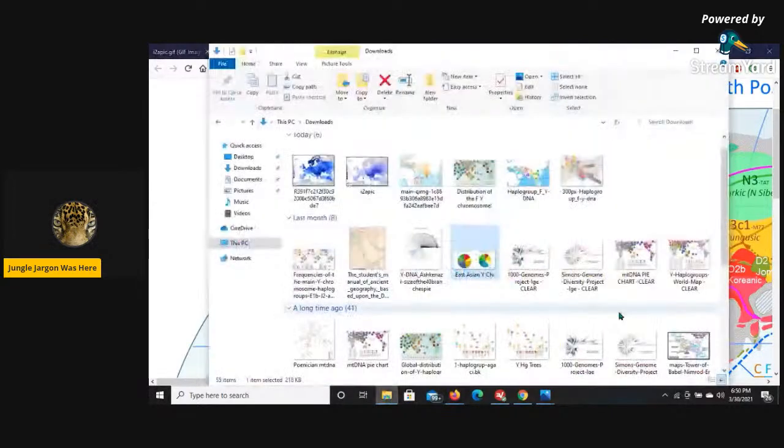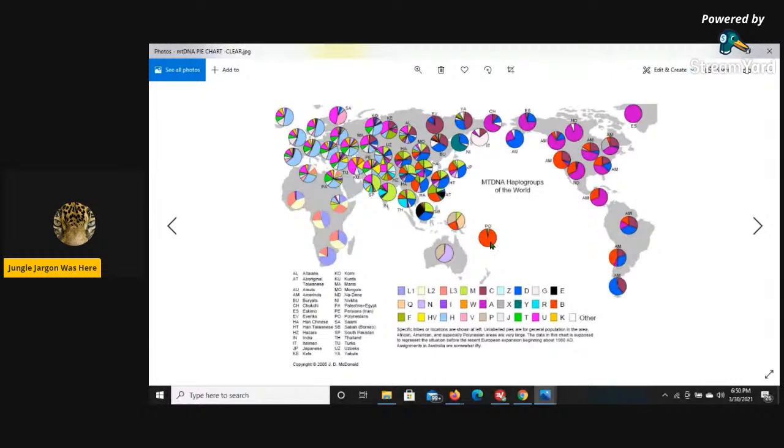Let's go to the mtDNA. This is a good one. So we can see, what I want to do is look for, yeah, the W is still, okay, the black and the dark blue is Asian.